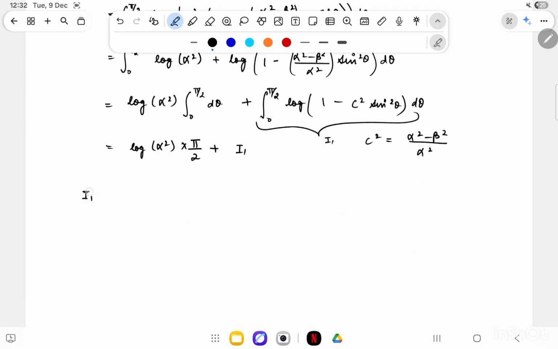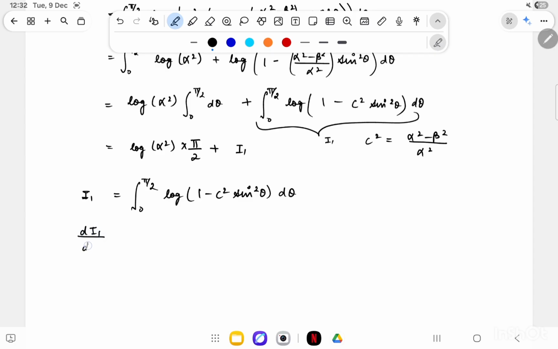So I1 is equal to integration from 0 to pi by 2 log 1 minus c square sine square theta d theta. Now we are supposed to evaluate it. We'll basically use Leibnitz rule here in order to evaluate this integration. So let's just differentiate it with respect to c.